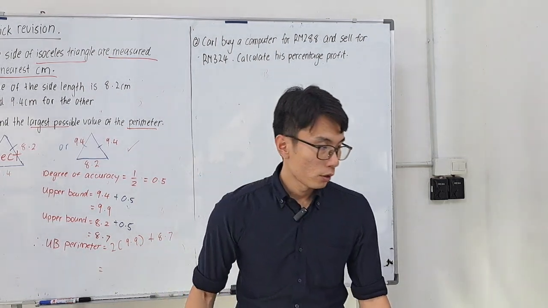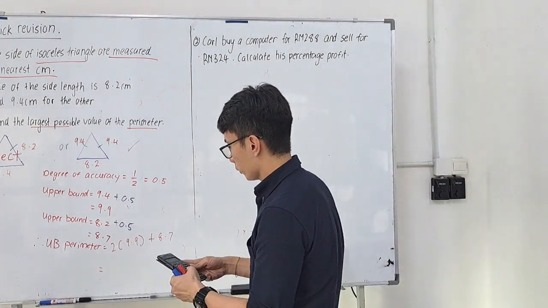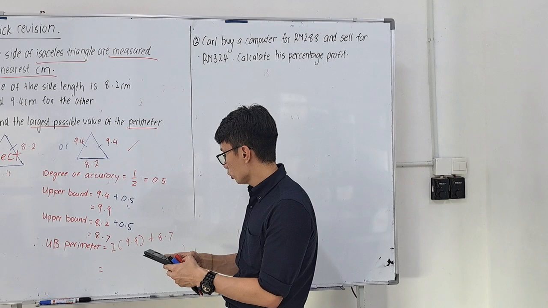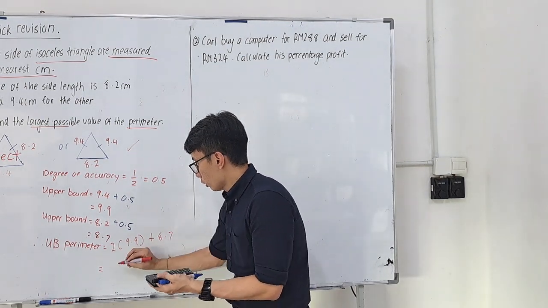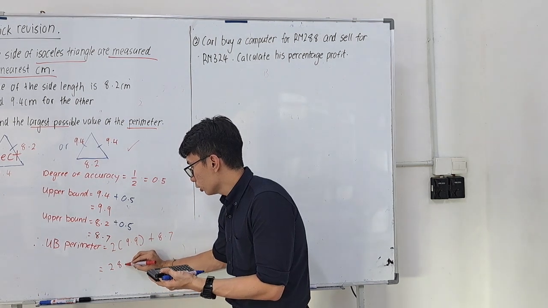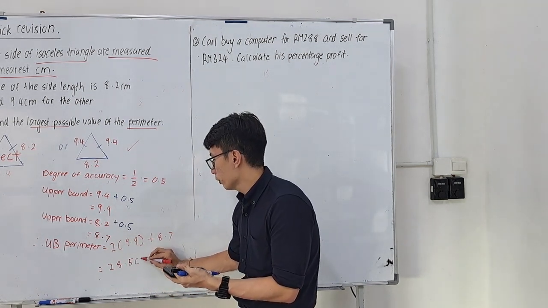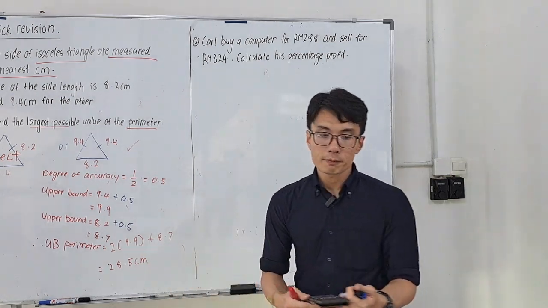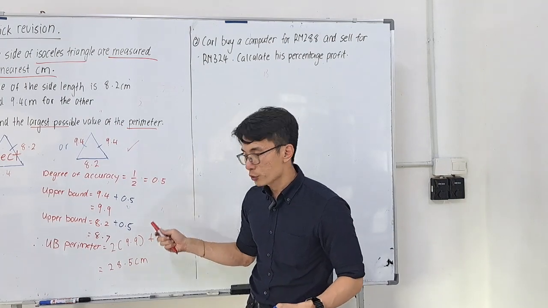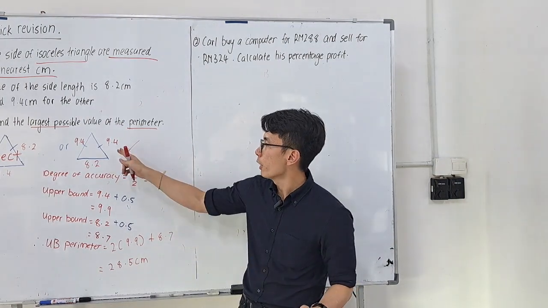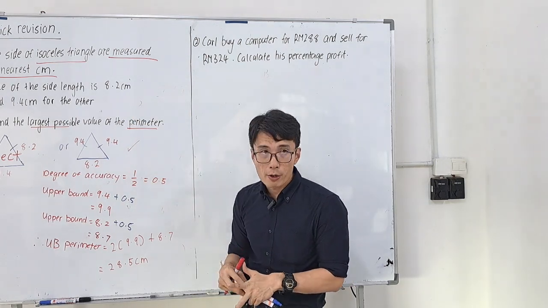I can take my calculator: 9.9 times 2 plus 8.7. So the upper bound perimeter of the shape will be 28.5 centimeters. So for this kind of question, make sure you find the upper bound for the respective lengths first before you calculate the perimeter.